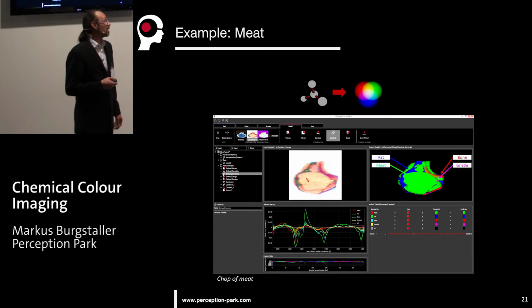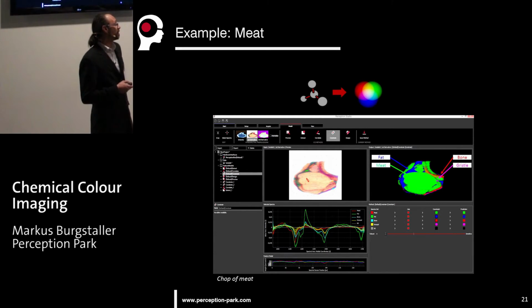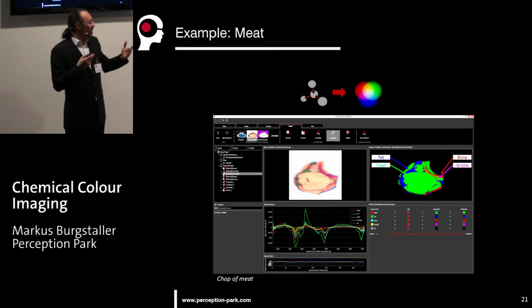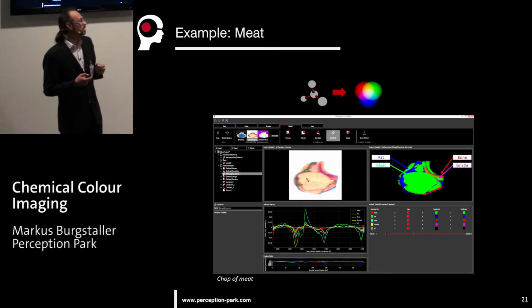Here an example of meat investigation. You can imagine that the differentiation between bones, which are white, and fat is not that easy because both are white. With advanced machine vision, you might have a chance to classify, but actually what would we need?